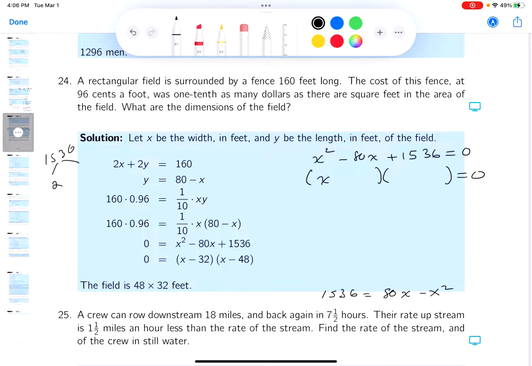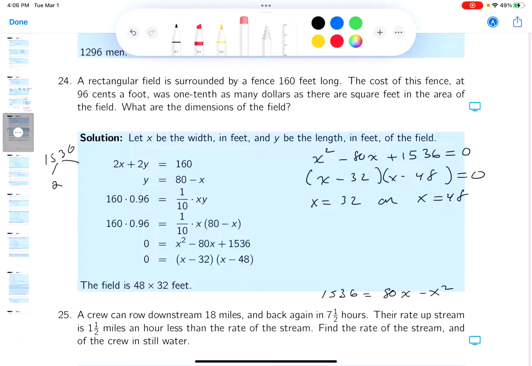And eventually I got to 32 and 48. It took time though. I kept doing twos. I got it. So x is 32. Or the x is 48. Both good numbers, by the way.